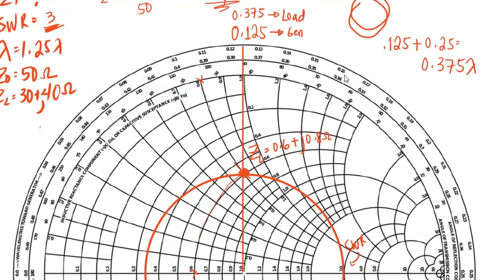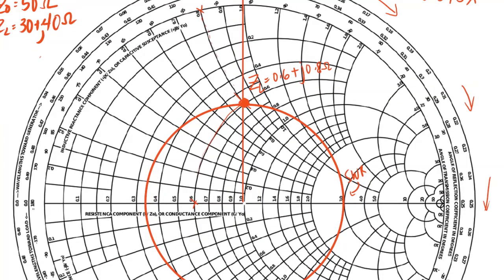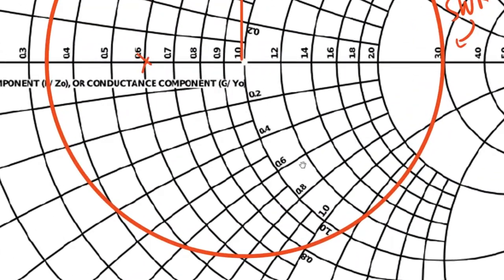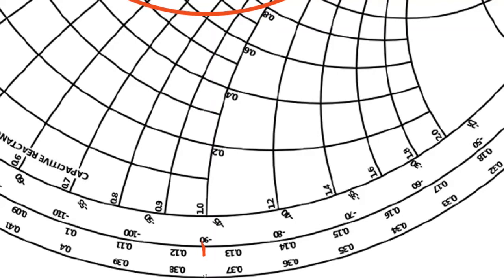So our motion is in this direction. Let's move this way until we find 0.375. I think 0.375 is here. Let me zoom in so you can see. There you go, I will mark it, between 0.37 and 0.38.